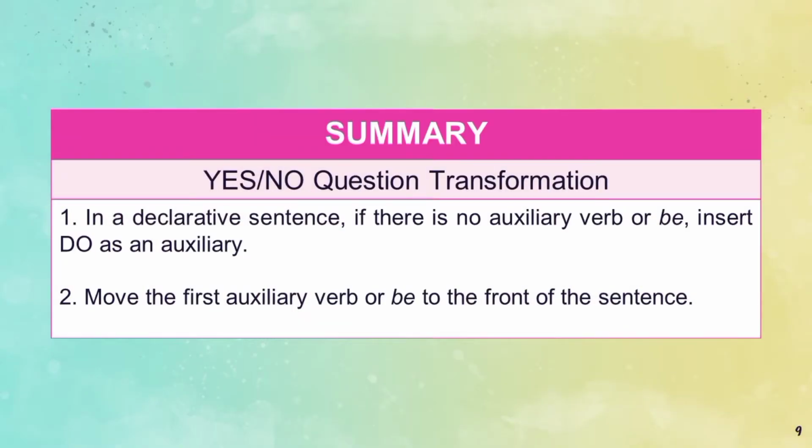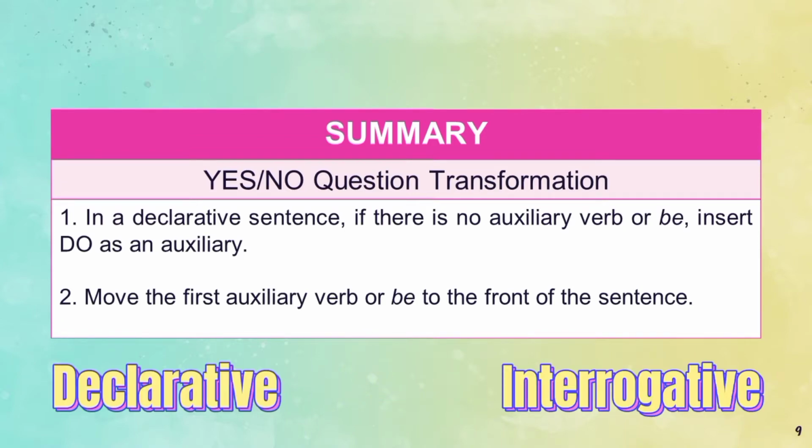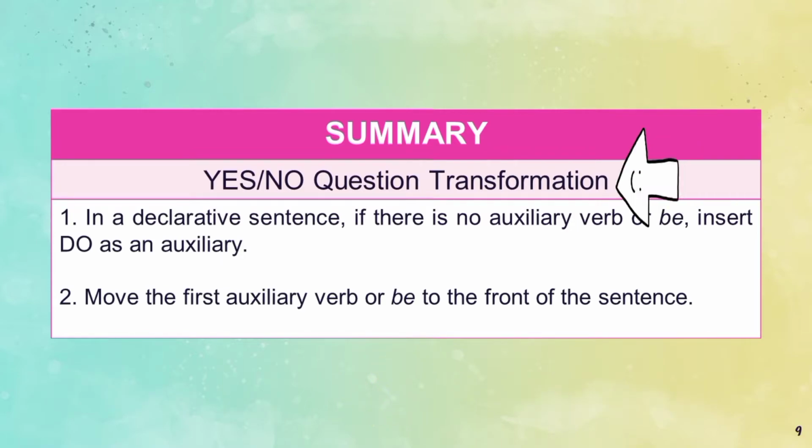To summarize the process on how to transform a declarative sentence into an interrogative sentence, specifically a yes or no question, let us focus on this table. Number 1. In a declarative sentence, if there is no auxiliary verb or be, insert do as an auxiliary.